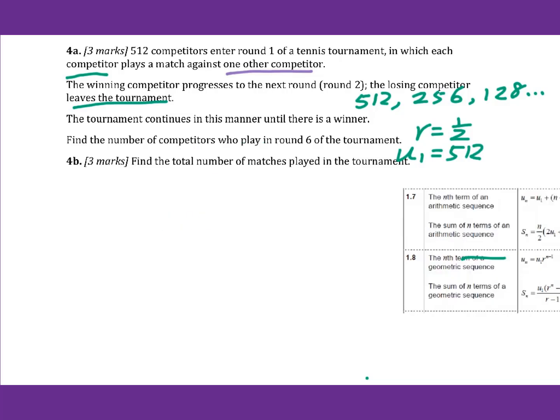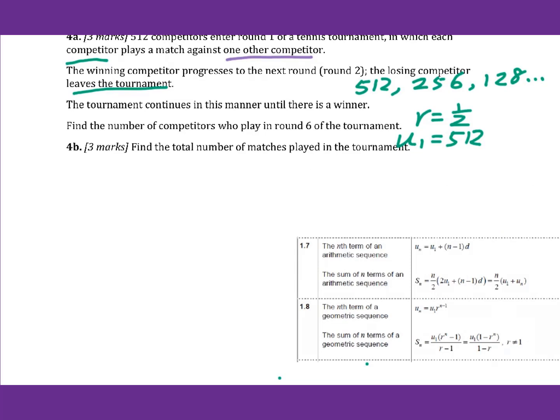Let's go to 4b. Find the total number of matches played in this tournament. We are looking for the total number of matches. We didn't say how many rounds they played. It's the total number of matches. At the very beginning we have 512. Then they will play 256 matches.